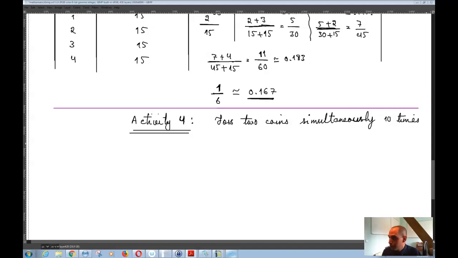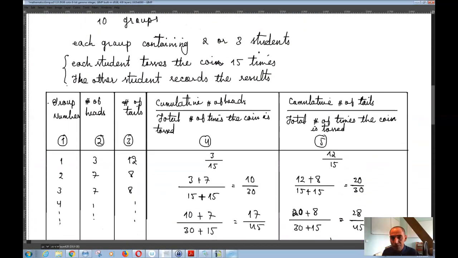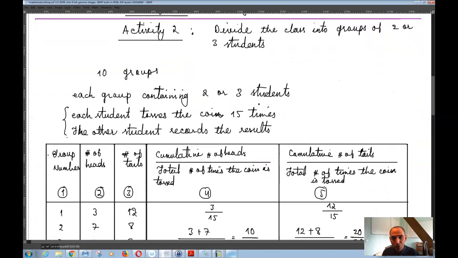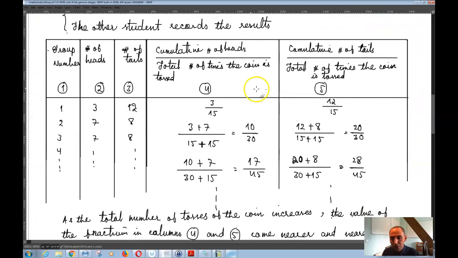To start with, let us go back to activity number 2 and table 15.2 in column 4 of this table. What is the fraction that you calculated? Basically what we calculated was, for example, 17 to 45.